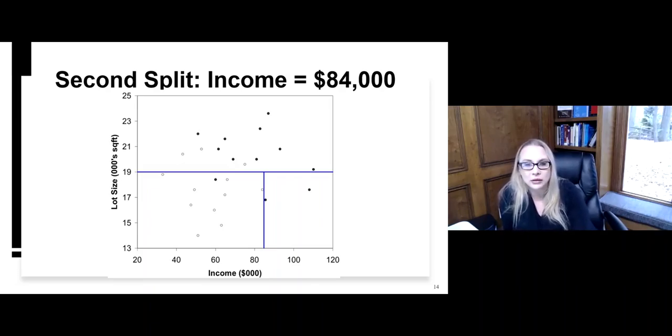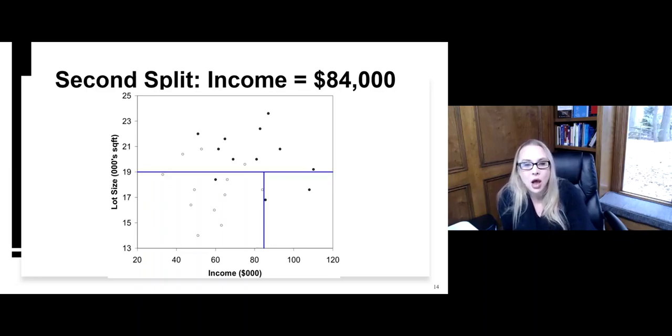And then when you look at above lot size 19,000, you see that there are two observations, so that there are two owners of riding lawnmowers. So again, here if income is above 84,000 and the lot size is less than 19,000, it's still going to categorize them as owners. And here the purity measure in this group is 100%.